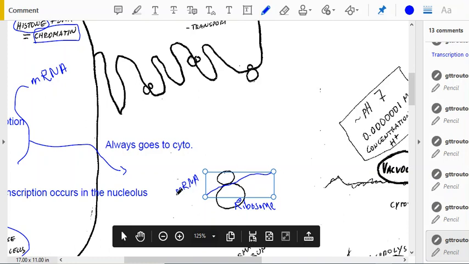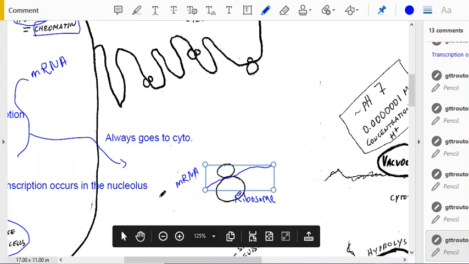And again, this is the same messenger RNA strand that was made in the nucleolus. By the way, we're going to talk about translation here. This is translation from a messenger RNA strand into a protein. And this messenger RNA strand will get read 3 bases at a time.